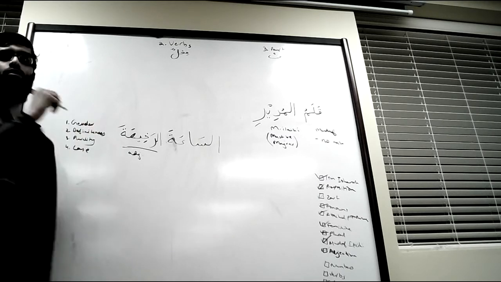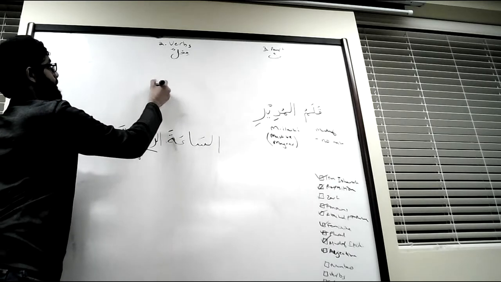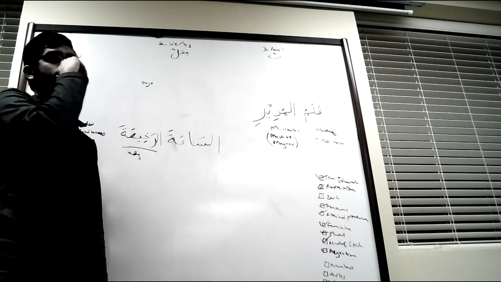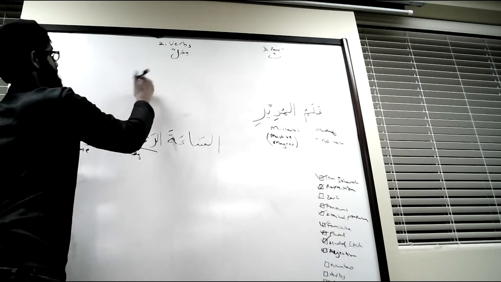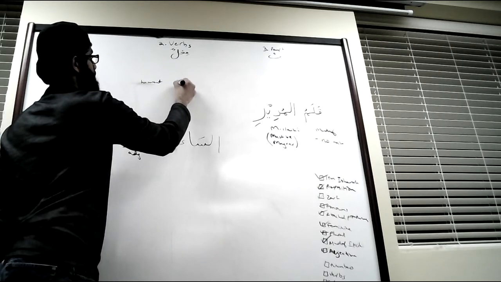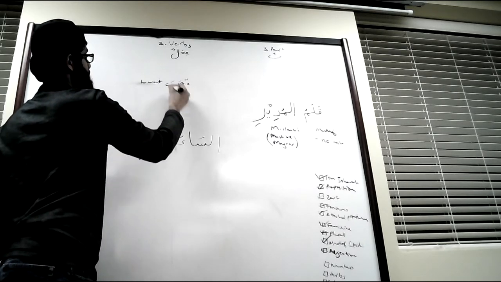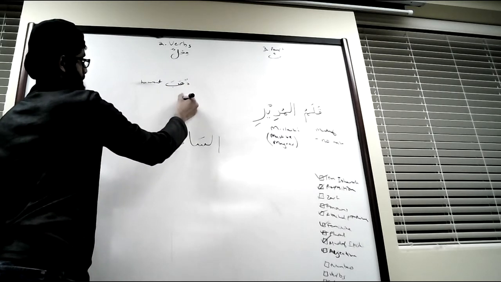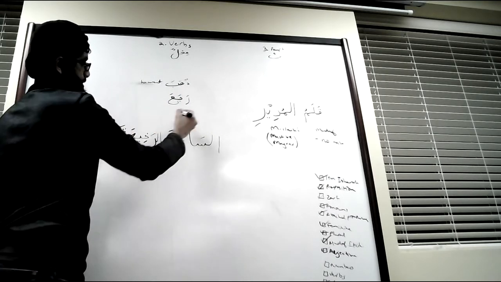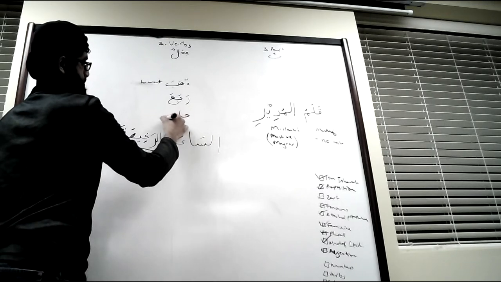We did a few verbs. What's he went? ذهب. Okay, what's he returned? رجع. Okay, what's he sat? جلس.